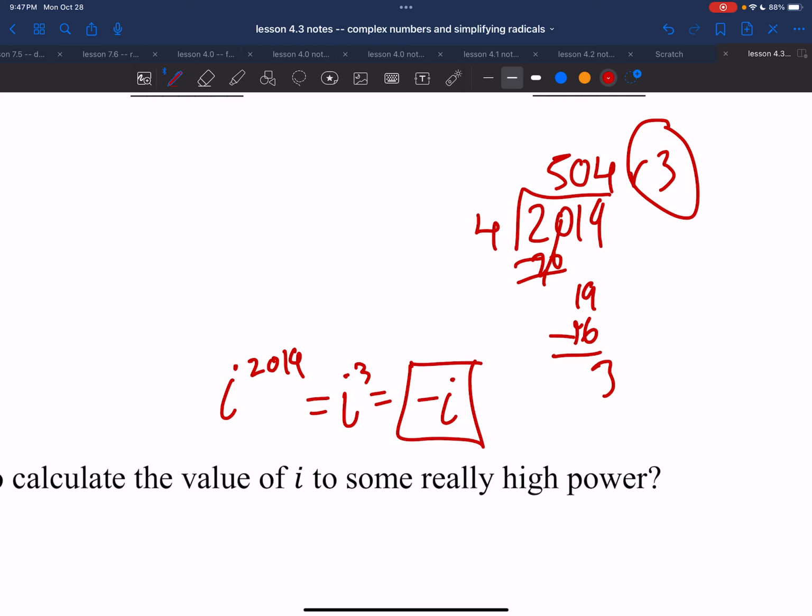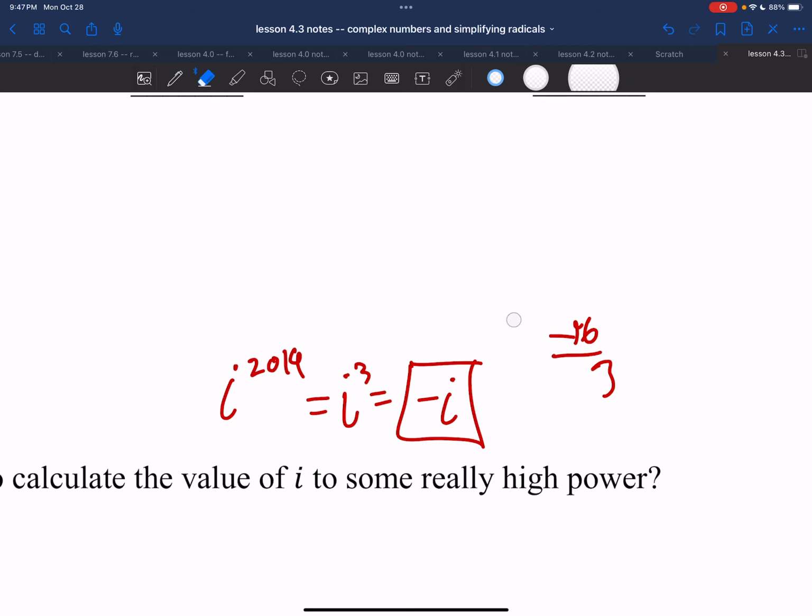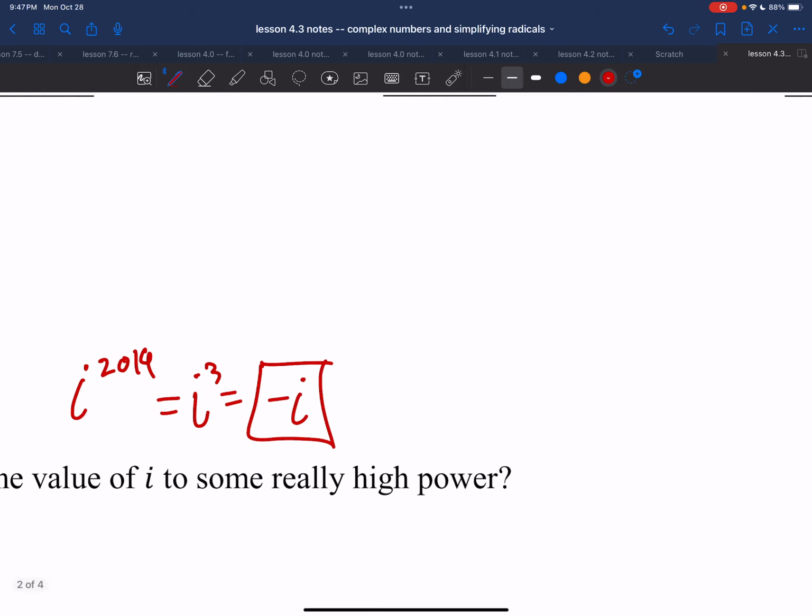You might be saying, I'm not sure I follow. Can you give me a stronger proof of this? It's not really a proof, but just an argument as to why that works. So we saw that it goes in 504 times. So 504 times 4, that's 2016, right?